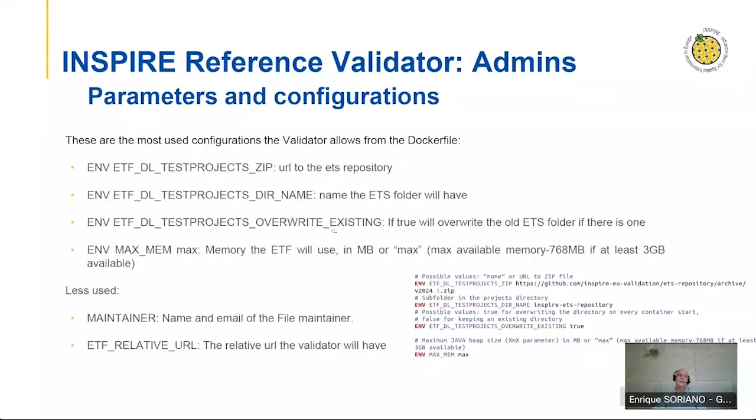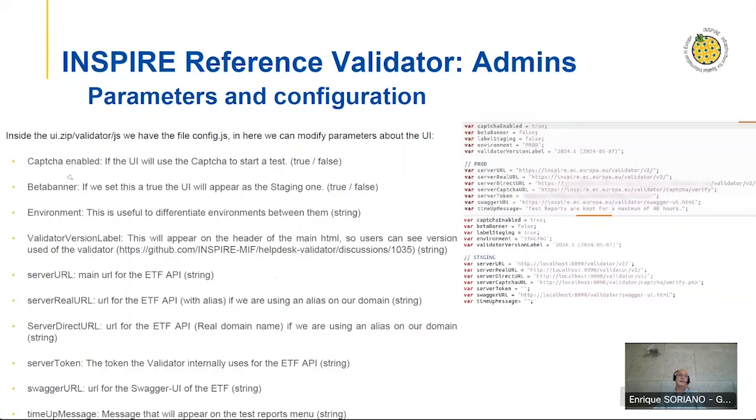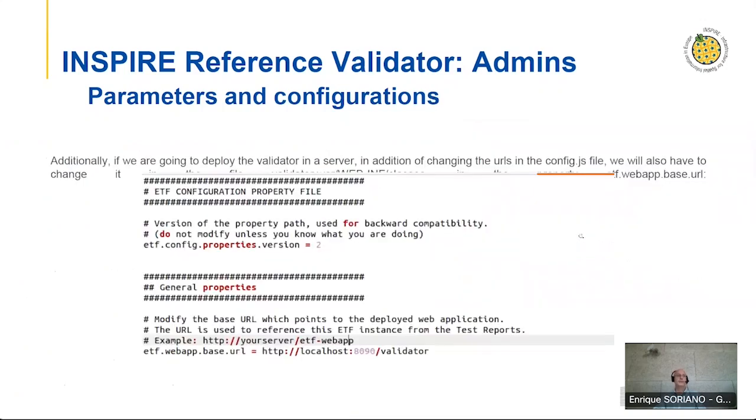This is for the configuration of the deployment of the ETF mainly, and this is for the configuration of the UI. Okay, you will have here in the corresponding file how to enable or disable the CAPTCHA, the environment, the version, where you want to deploy it, where is your API, because you may want to put the API in another place, and also configure some messages.